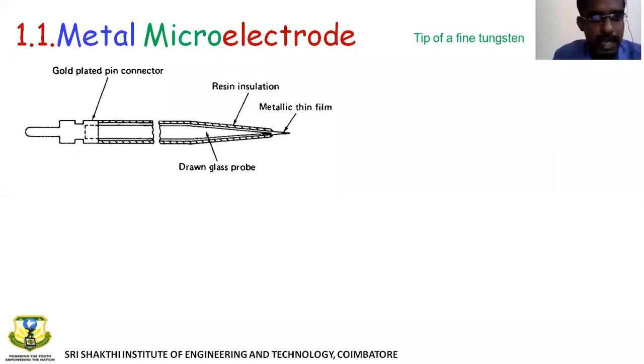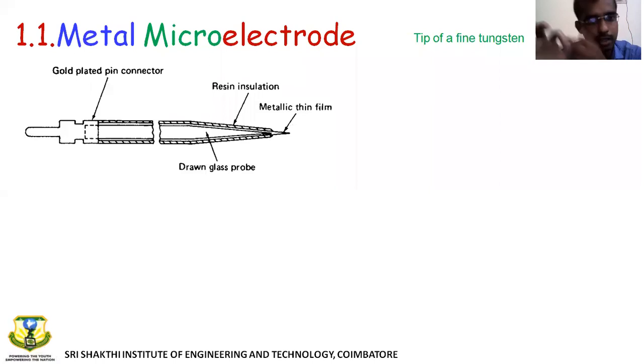In this metallic microelectrode, this is the entire electrode, but the metallic part is actually in the tip. When you buy a metallic electrode, it is something in the size of your digital thermometer, silicone.